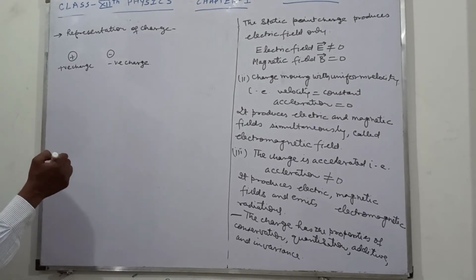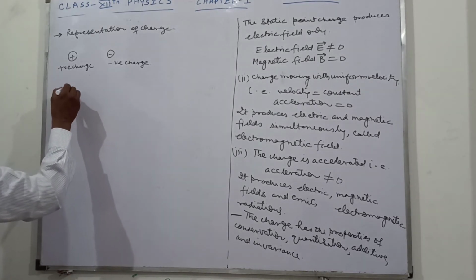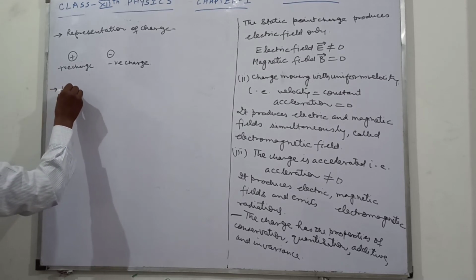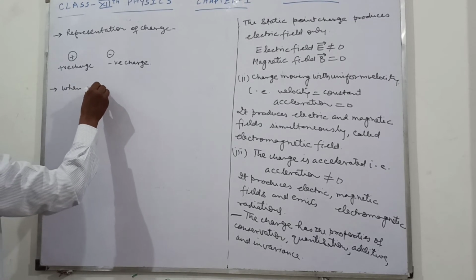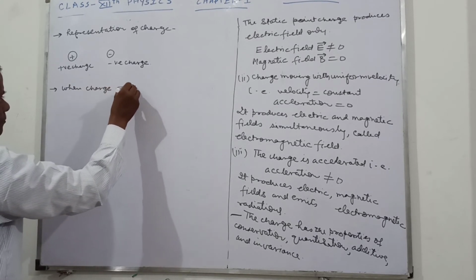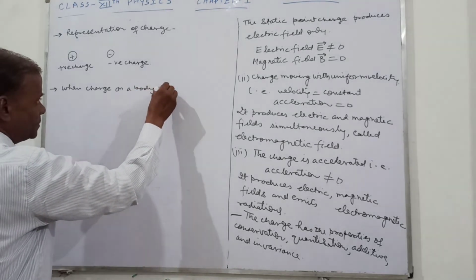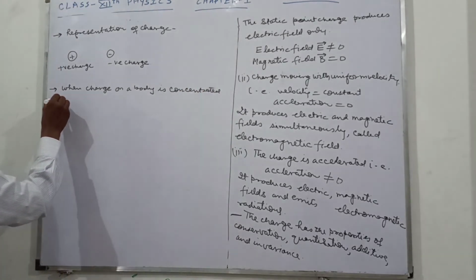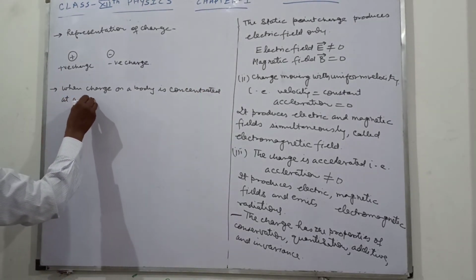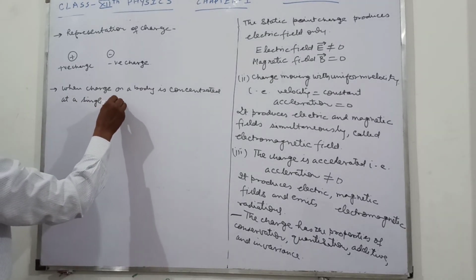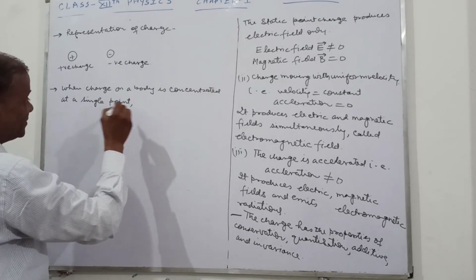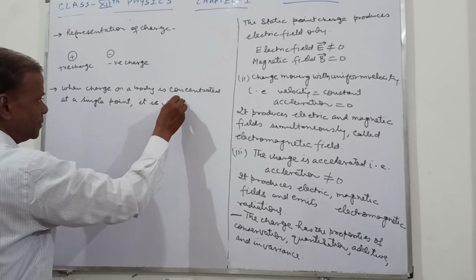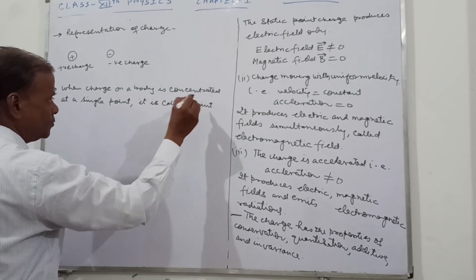Suppose we have a charged body. When the charge on a body is concentrated at a single point, it is called point charge.